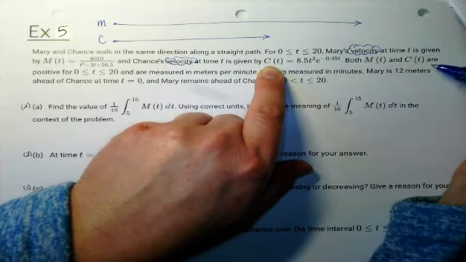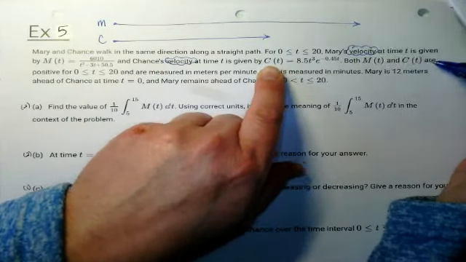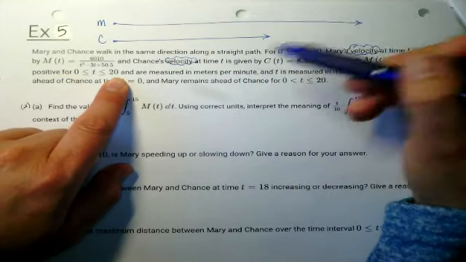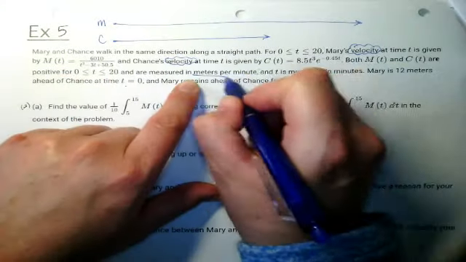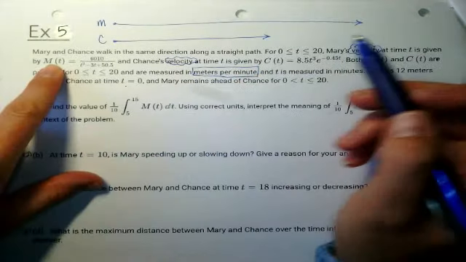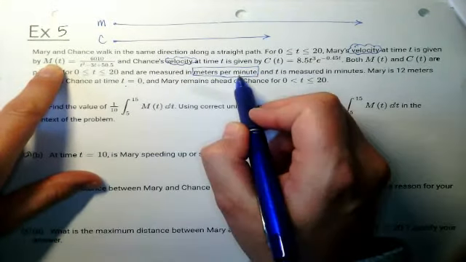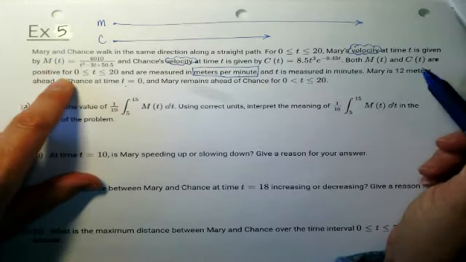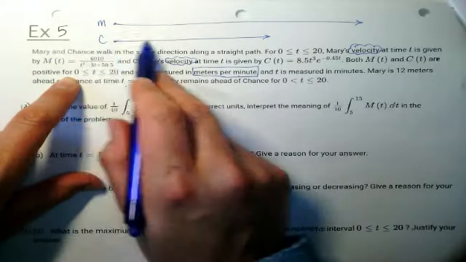Both the m function and c function are positive between 0 and 20 minutes and are measured in meters per minute. So these are the units. So Mary is walking so many meters per minute. Those are velocity units. And they're both positive, so they're going in the same direction.